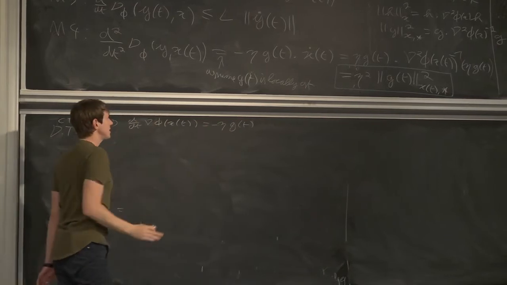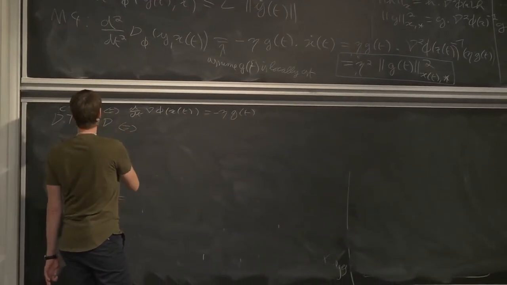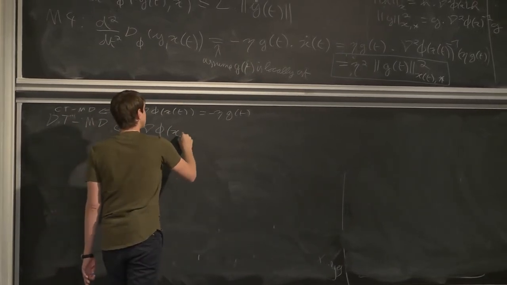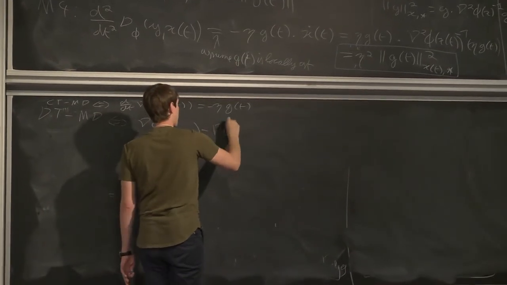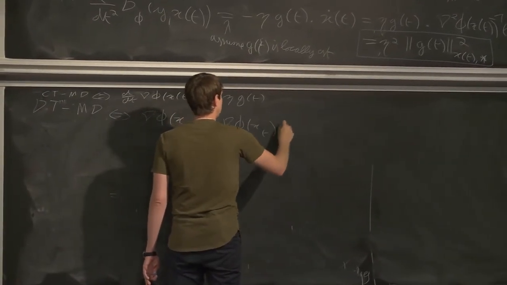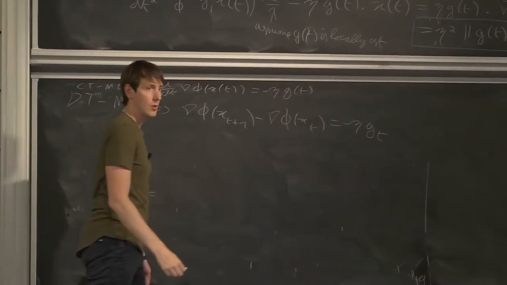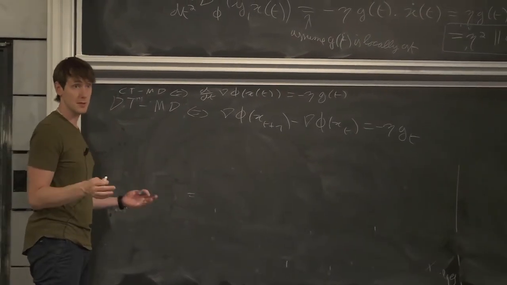Doing a discretization of this is very clear. Discrete time mirror descent would be just grad phi of xt plus 1 minus grad phi of xt is equal to minus eta gt. Okay, so that's the definition of mirror descent when you don't have constraints in discrete time.